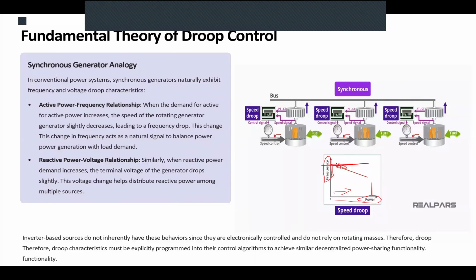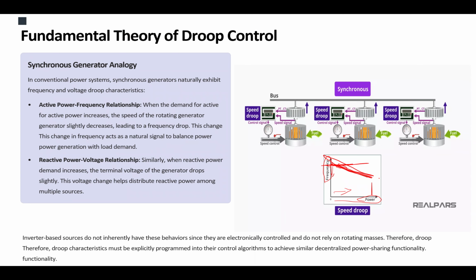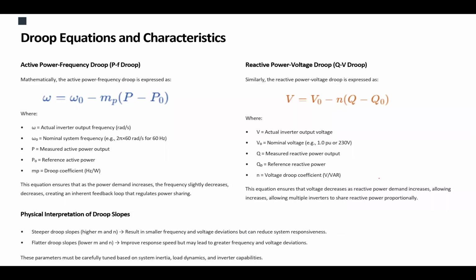Now, this slope shows how good the response of the droop control could be, how fast it would respond, and how stable, with less overshoot and undershoot. We are going to talk about that a little bit more when we talk about the actual droop control in inverters. Any questions so far?